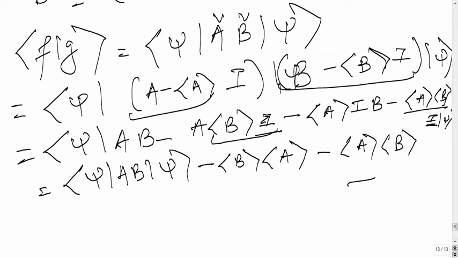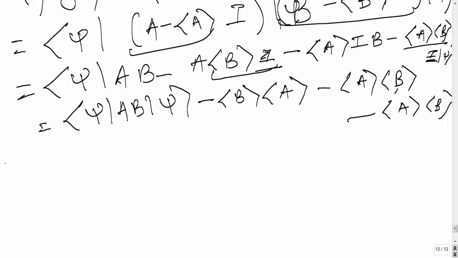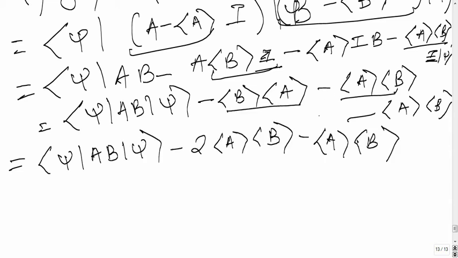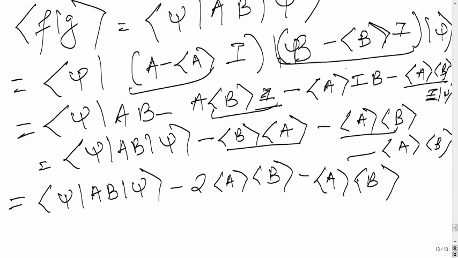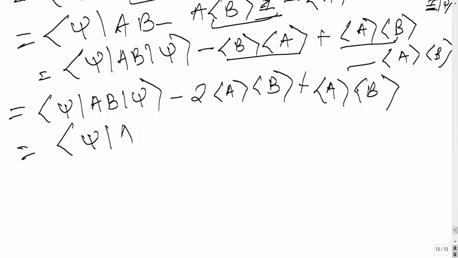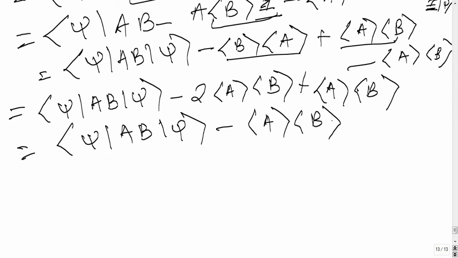Since these are numbers, both of them are equal and can be written like this. This was plus, because both terms, minus expectation of A and minus expectation of B, when multiplied, give us plus. Simplifying this would give us this.